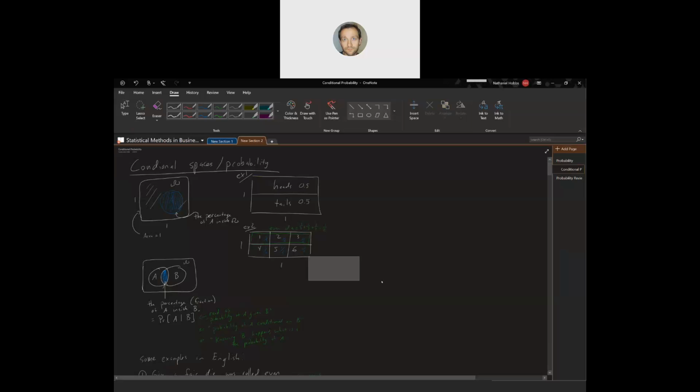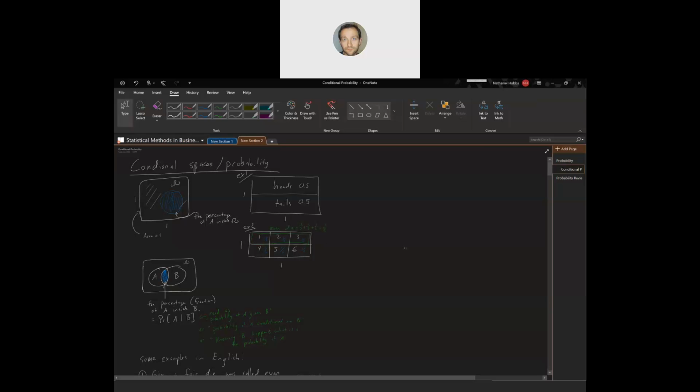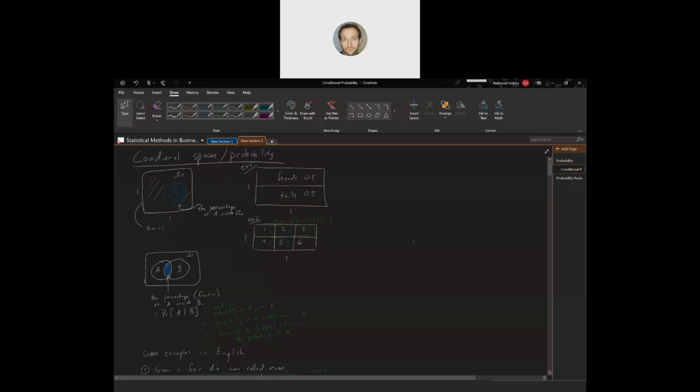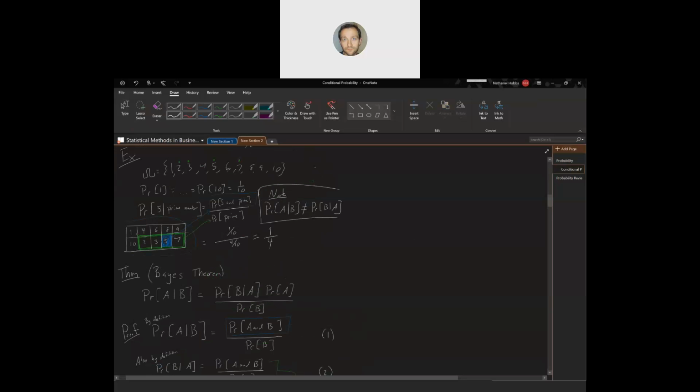So in this example of rolling a die, the whole world is 6 possible outcomes. And I could tell you that the die roll was an odd number.